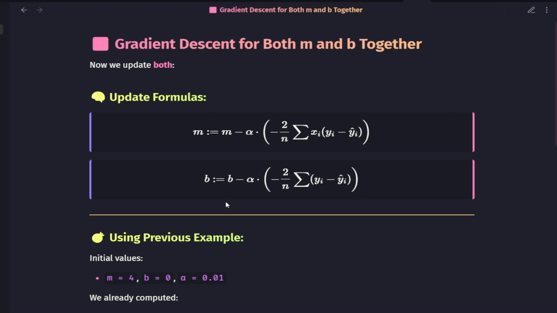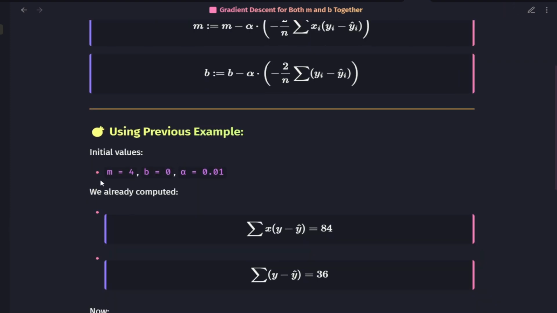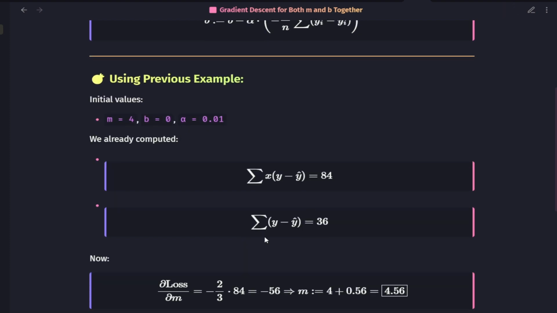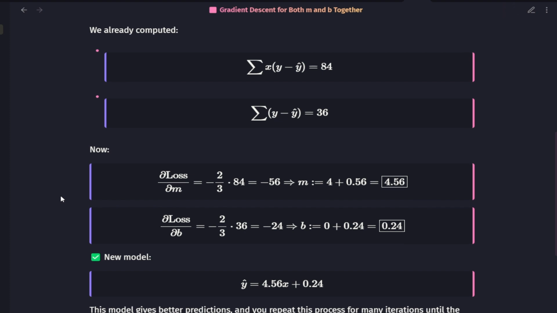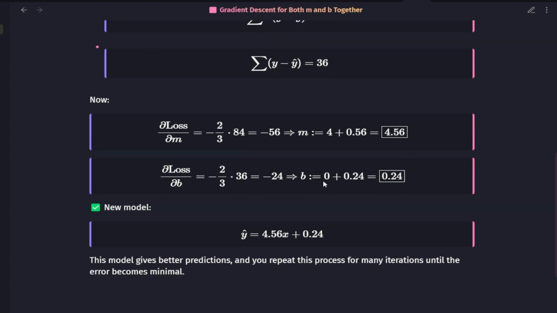For slope m, we use this, and for intercept b, we use this. From our earlier example, sigma x times (y minus y hat) is equal to 84, sigma (y minus y hat) is equal to 36, n is equal to 3, alpha is 0.01, and initial m and b are 4 and 0. Now compute the updates. So our new slope is 4.56 and new intercept is 0.24.